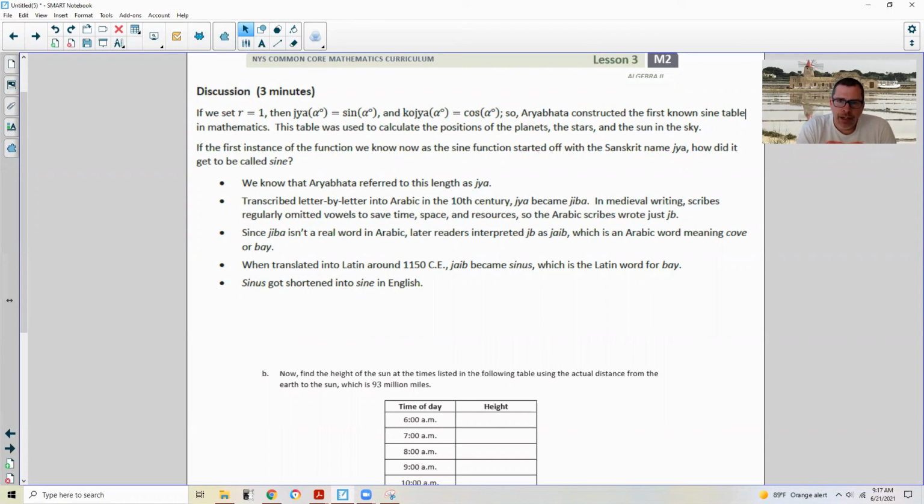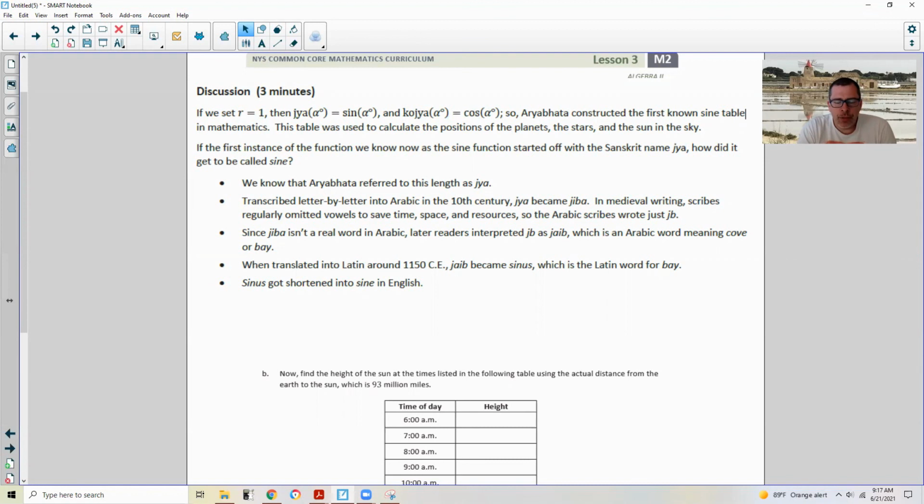So Aryabhata constructed the first known sine table in mathematics. This table was used to calculate the positions of the planets, the stars, and the sun in the sky. If the first instance of the function we now know as the sine function started off with the Sanskrit name jya, how did it get to be called sine?